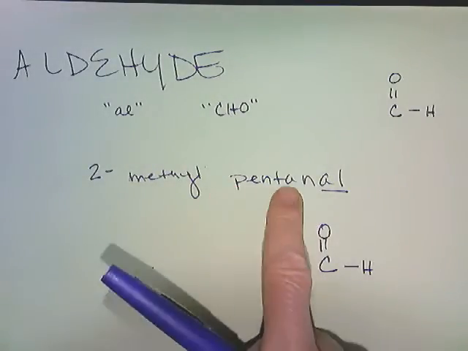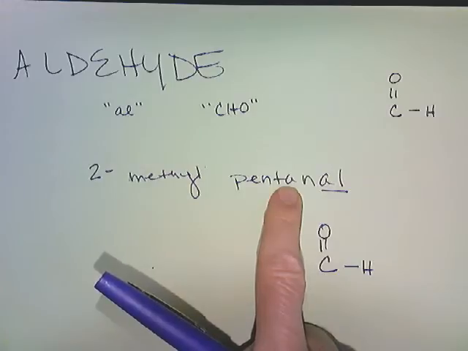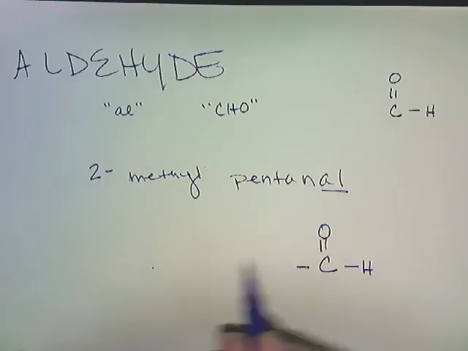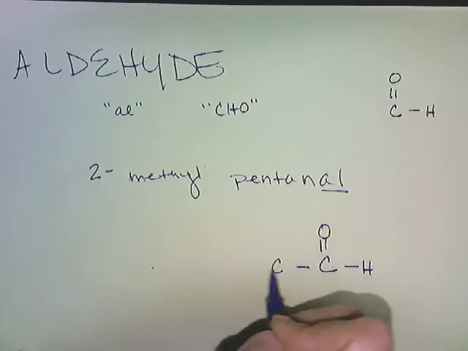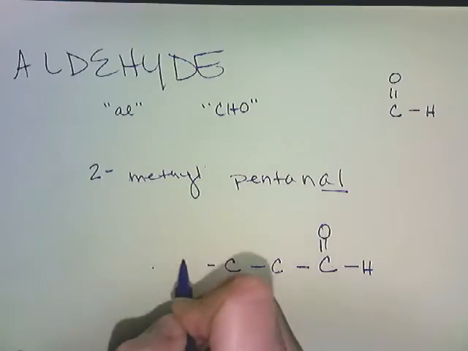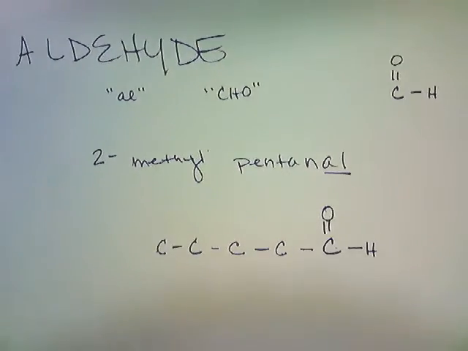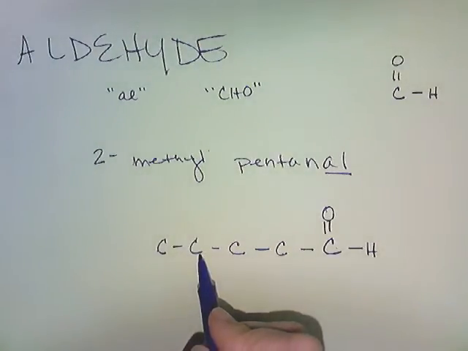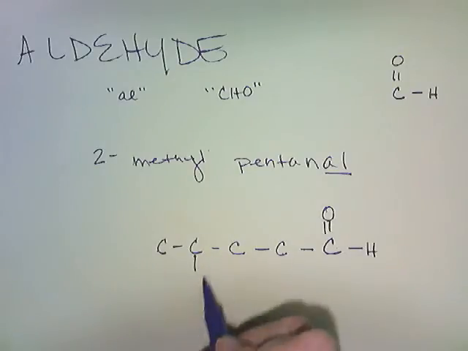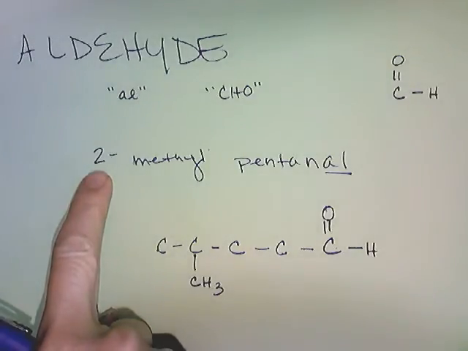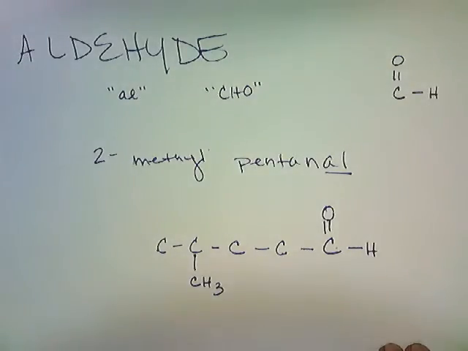Okay, so we need a total of 5 carbons. We need one chain of 5 carbons, 1, 2, 3, 4, 5. And on that parent chain we have a substituent, and in this case it happens to be a methyl group at position 2. That's aldehydes.